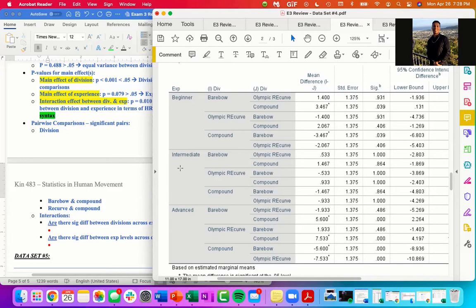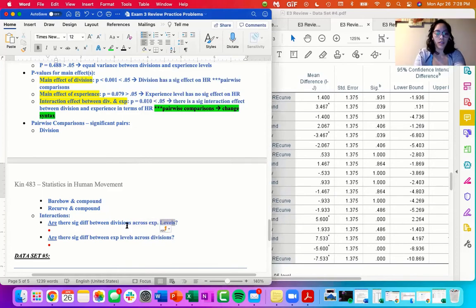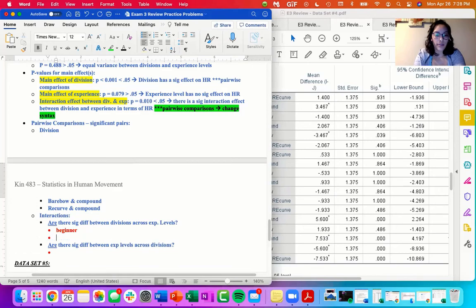Yeah. I think the other ones are down here. Then if you went into advanced, there's differences in bare bow and compound, Olympic recurve and compound, and then those are it. So if we're looking across experience levels, then let's say, are there differences between beginners, intermediate, and advanced?